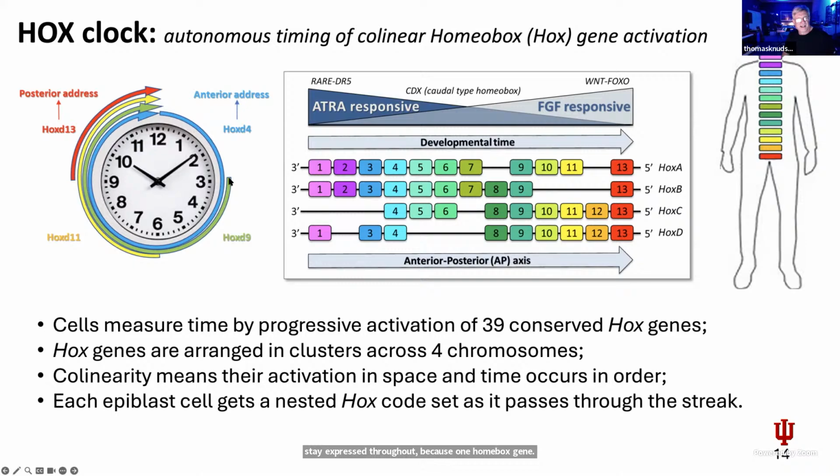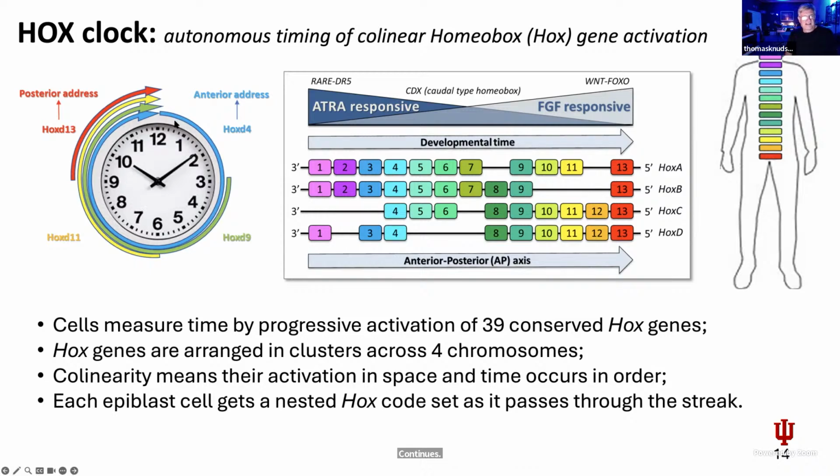As HOX9 is activated, maybe at 3 o'clock, that'll continue, and so forth. HOX D11 at 6 o'clock, HOX D13 at 9 o'clock. And so if cells are coming through the primitive streak early, they're going to be primarily expressing these more anterior homeobox genes, and that's going to specify their positioning across the embryo. And as you progress, you get these nested patterns and more complexity in the homeobox patterning as the clock continues.